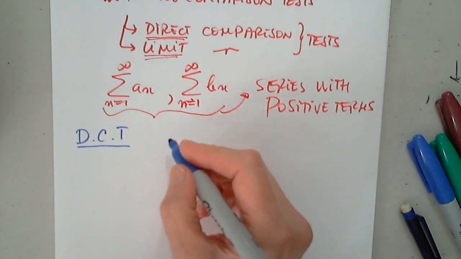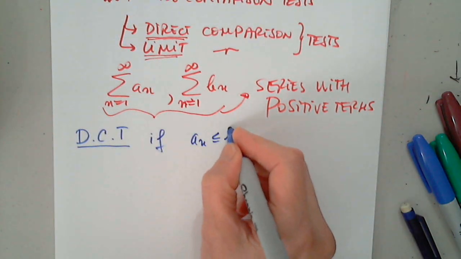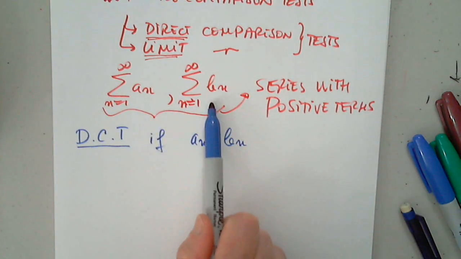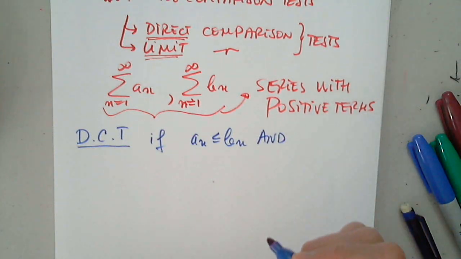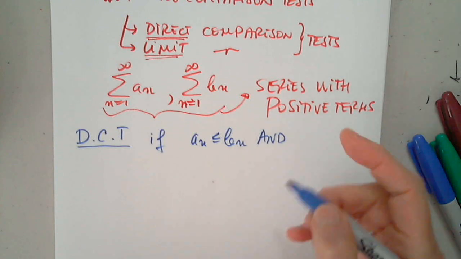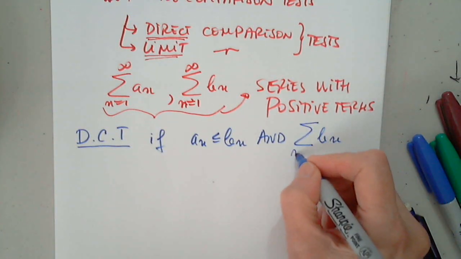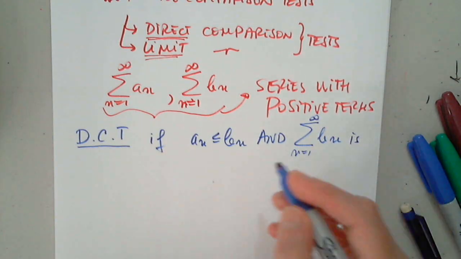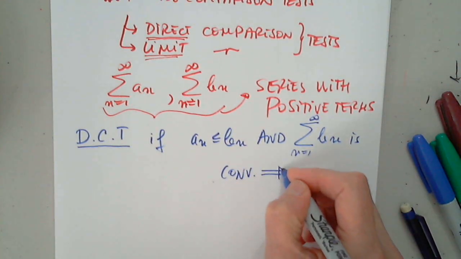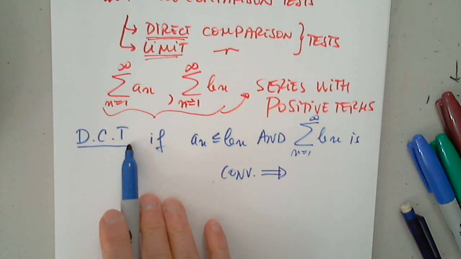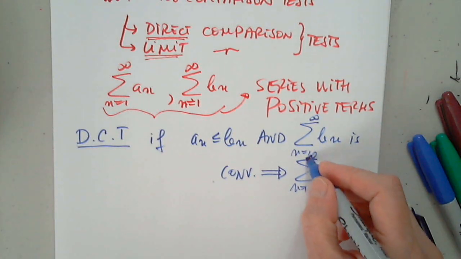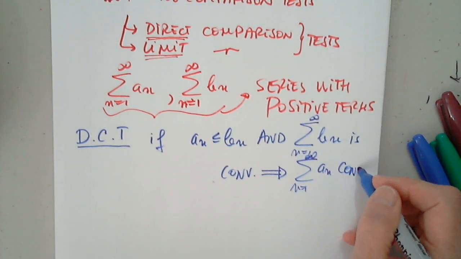Well, it says that if we have this relationship between the nth terms of these two series, and this big one, the series of Bn, n equals 1 to infinity, is convergent, then by the direct comparison test, the smaller one, the series of a sub n, is also convergent.